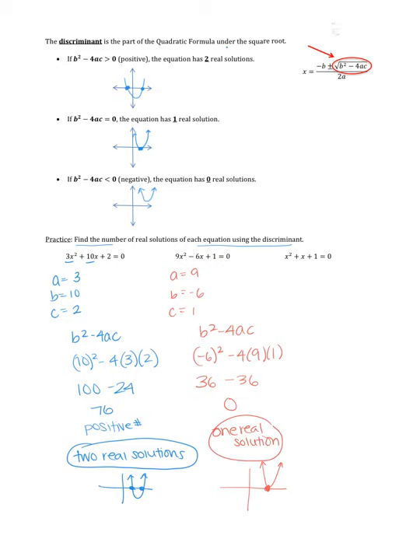Our last example, making sure that our original equation is in standard form, which it is. A is equal to 1, b is equal to 1, and c is equal to 1.